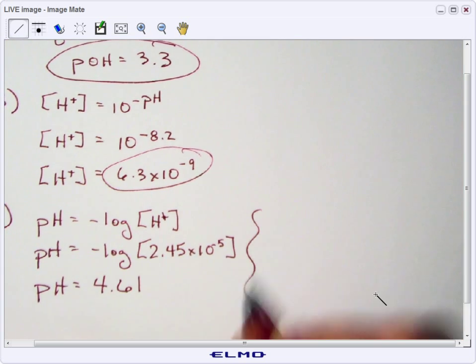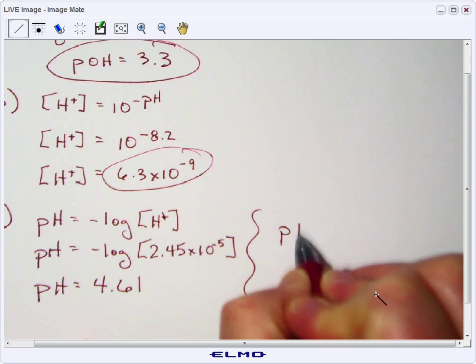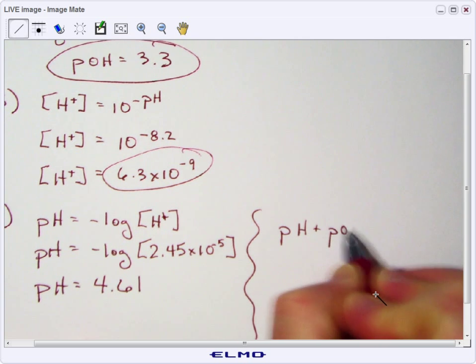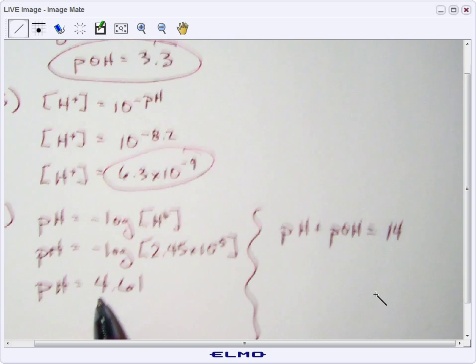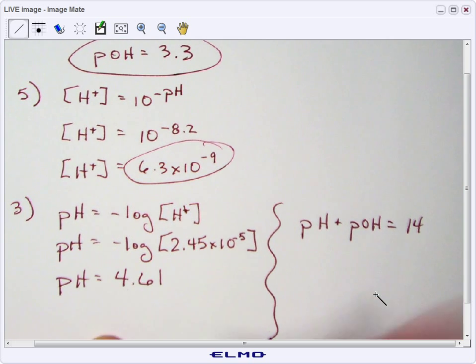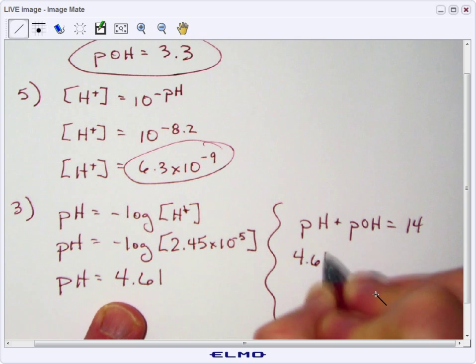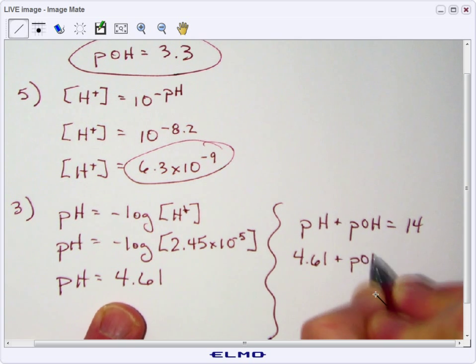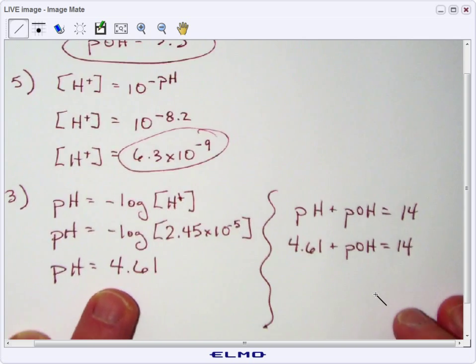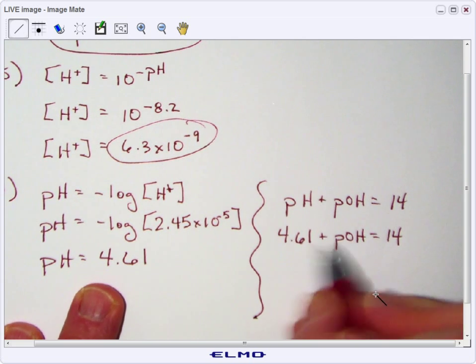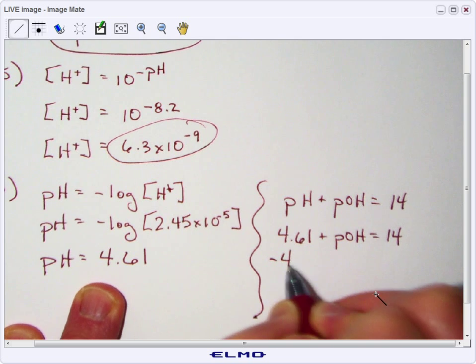So the second part of that would be pH plus pOH equals 14. Well, I found what my pH was, so 4.61 plus my pOH is 14. So again, algebra, if we're adding, we're going to subtract.